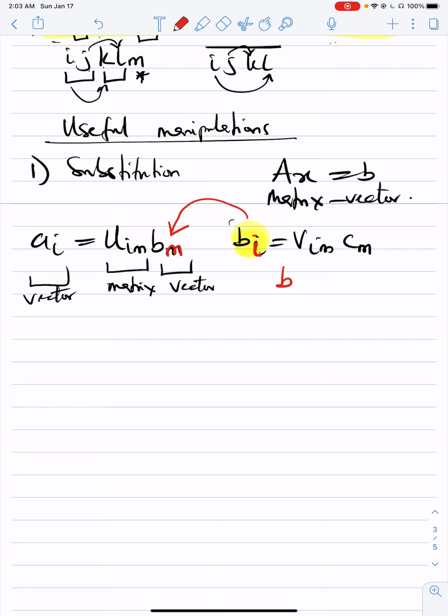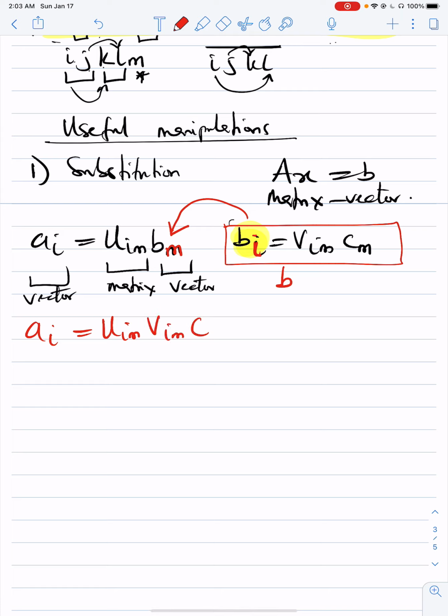So if you're substituting this whole expression into this one, look at A_i equals U_im. If you bring this B_i here, if you do this, U_im V_im C_m, then what you'll be doing will be wrong. This is clearly wrong, basically, right? This is not equal to this. So this is wrong because you don't just simply substitute all these values right into this. That will be wrong.